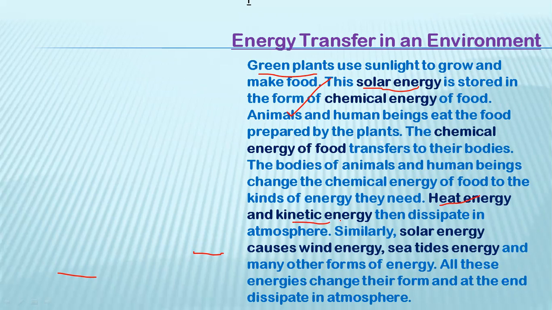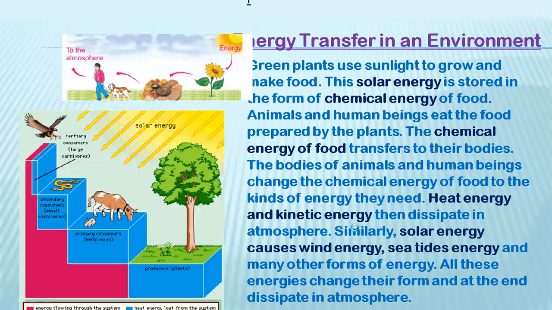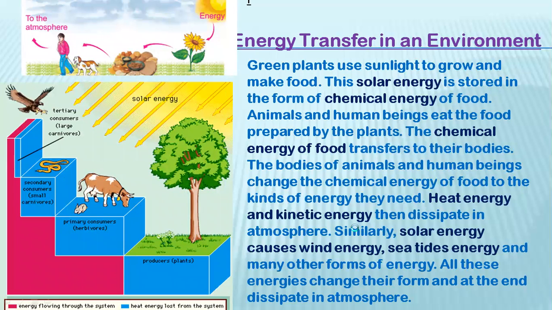Like our body gets warm, it means it produces heat energy, that dissipates in the environment, disappears in the atmosphere. And kinetic energy, any type of work we do while using this chemical energy which is stored in the plants. Similarly, solar energy causes wind energy, tidal energy, and many other forms of energy. So the ultimate source of energy is the sun.